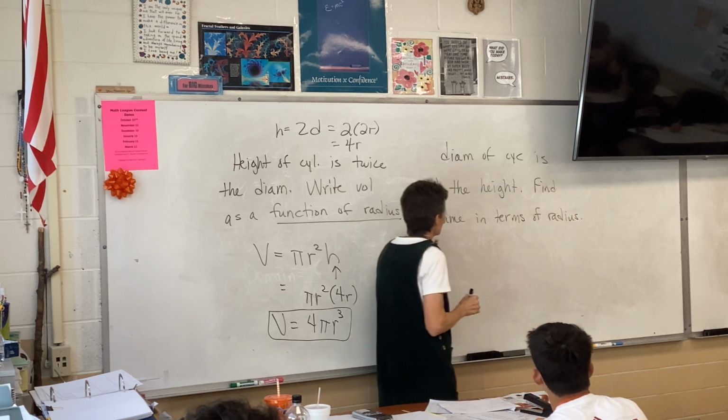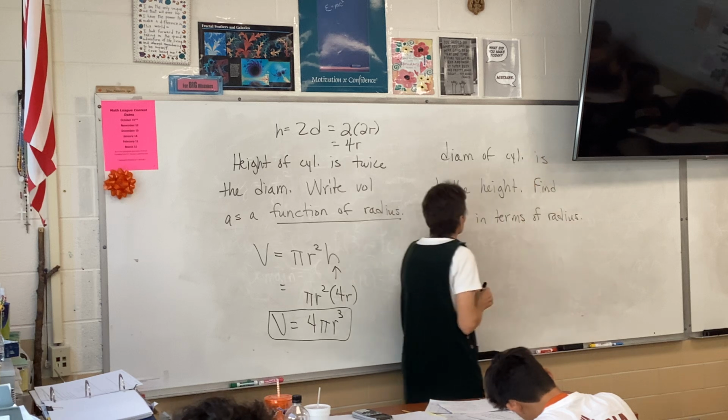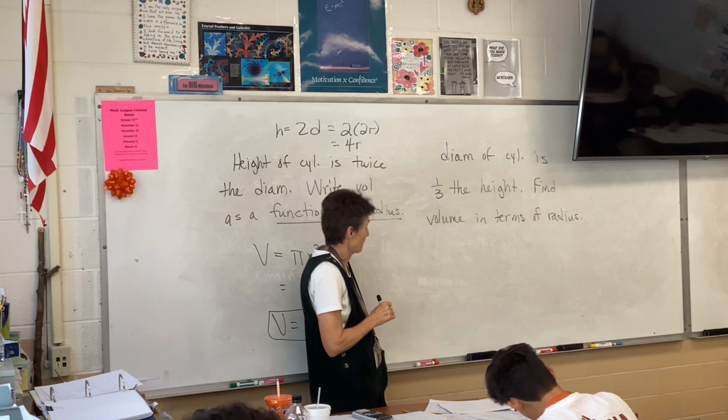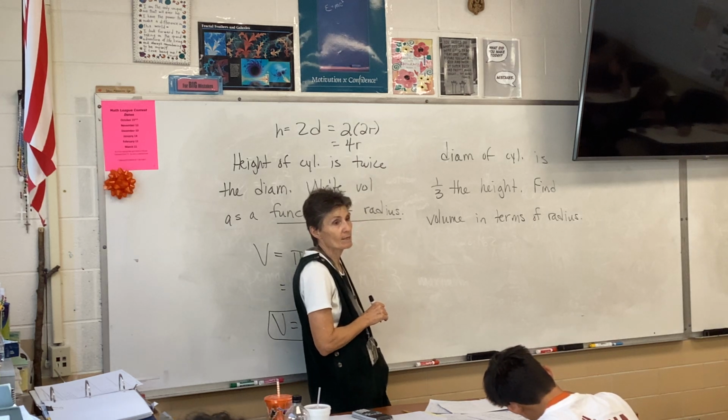Okay, so we still have a cylinder. The diameter of a cylinder is 1/3 the height. Find the volume in terms of the radius.